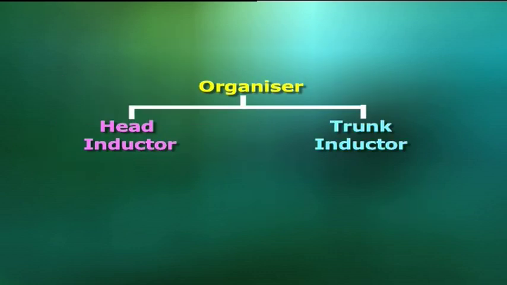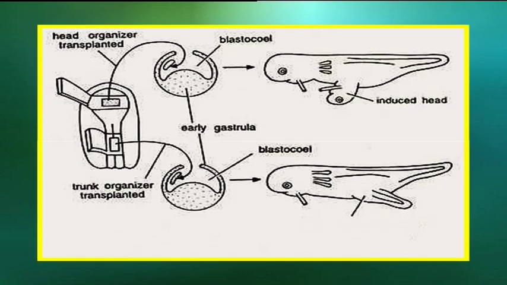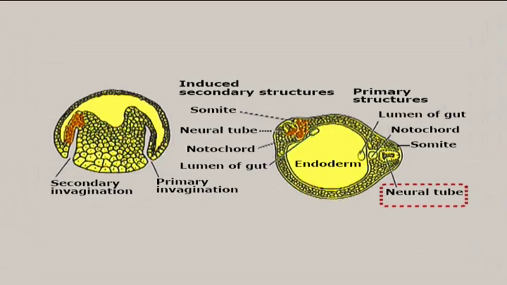Trunk inductor: the later part of the chordomesoderm functions as the trunk inductor. It induces the development of trunk organs and the tail bud. The neural tube under the induction arises from the chordomesoderm. The endoderm and the mesoderm cannot develop into the neural tube under this stimulus.